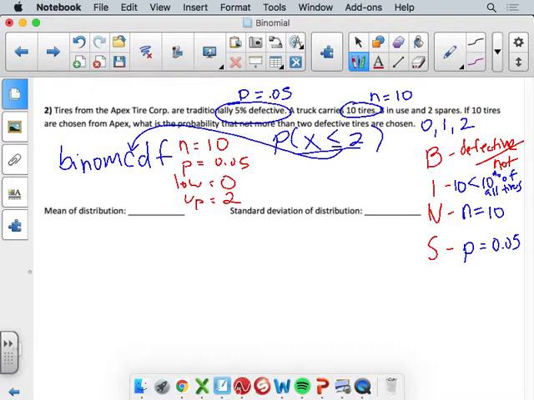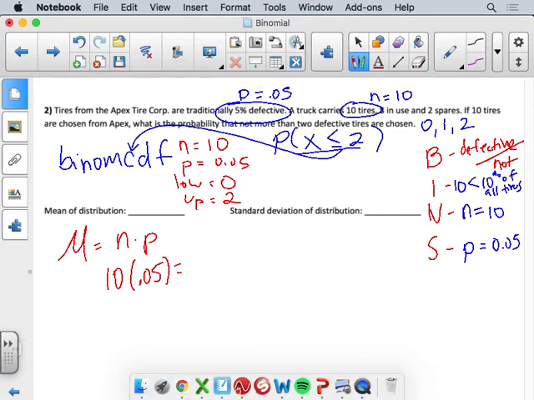Oh, dang it. I should have done the mean and standard deviation first, so that we could see our guess. I need to remember to do that one first, but oh well. We'll just check that one later, because I kind of want to see the mean. We could do it real quick. The mean is n times p, so I'm expecting 5% of 10 tires to be defective.